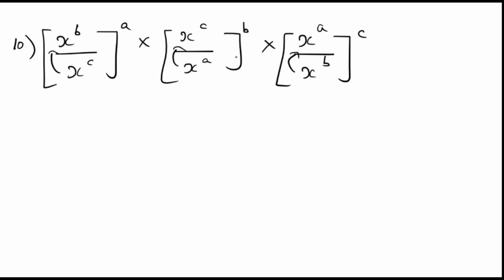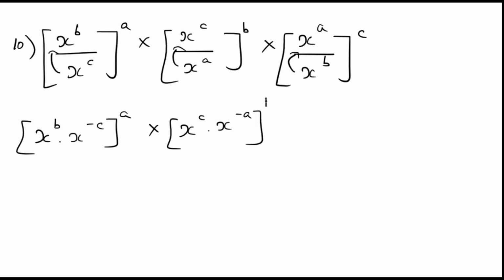By doing so, the sign of the powers will change. So it will become x to the power b into x to the power minus c, the whole to the power a, into x to the power c into x to the power minus a, the whole to the power b, into x to the power a into x to the power minus b, the whole to the power c.